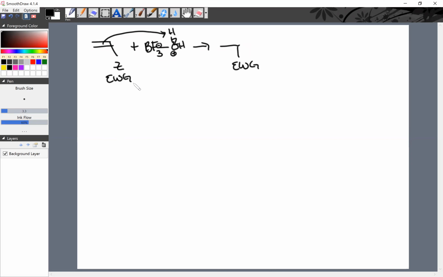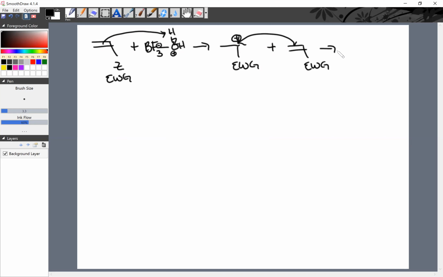The power of an electron withdrawing group is it stabilizes the formation. Oh, look, there is my starting material. And so this, remember, could be something other than a carbon, but just generically. Hey, I like positives.